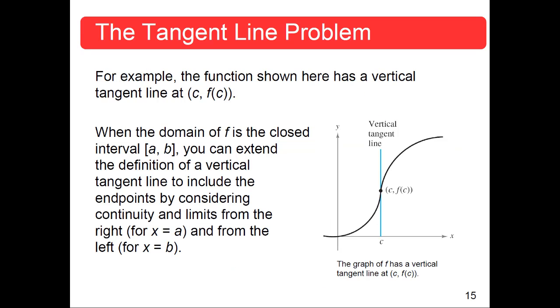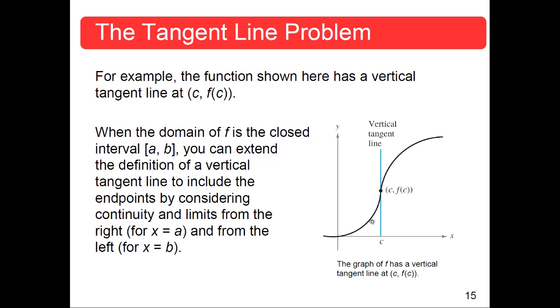So let's see here. Vertical tangent lines sometimes happen right there at this particular point. That's called an inflection point, and a vertical tangent line occurs right there. Just to give you a little preview, an inflection point is when the concavity of a graph changes.